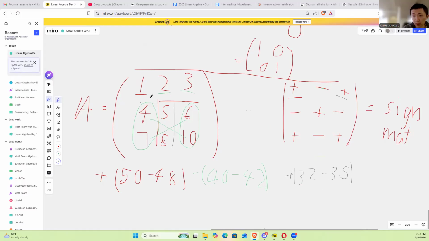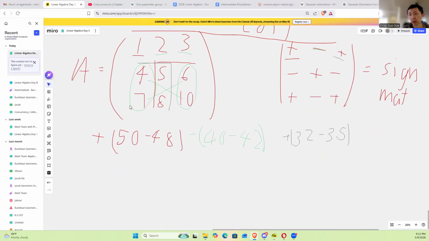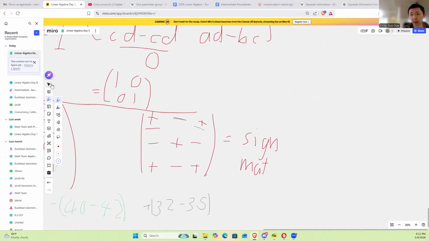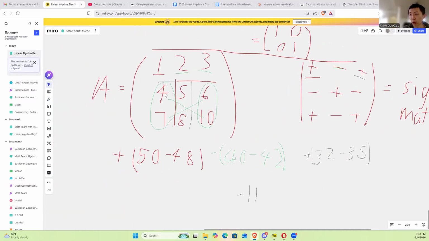We do that for all of the entries. For 5, it'd be 10 minus 21, so that's negative 11, and it's got a positive sign, so we leave it. For 4, we look at 2, 3, 8, 10. That's 20 minus 24, so negative 4.